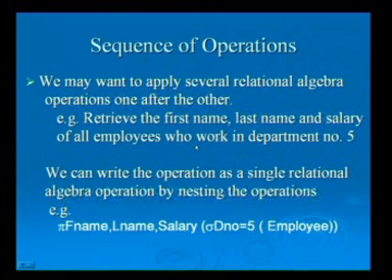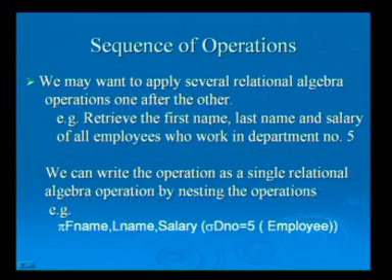In doing this, we can of course write a single relational algebra expression, and for that we have to nest the operations. For example, we first select the employees who are working for department number 5, that is the selection operation, and the condition is department number equals 5, and from that we project the first name, last name and salary, because those are the attributes that we want to retrieve.